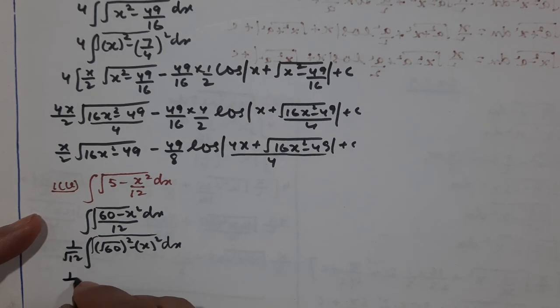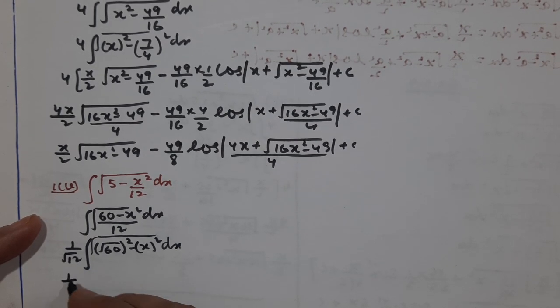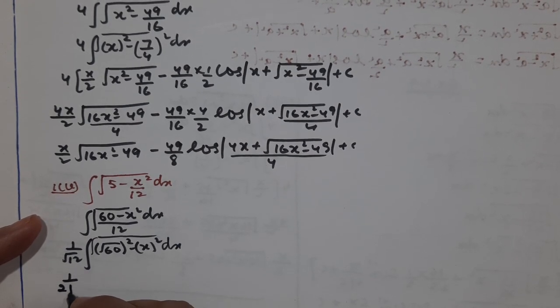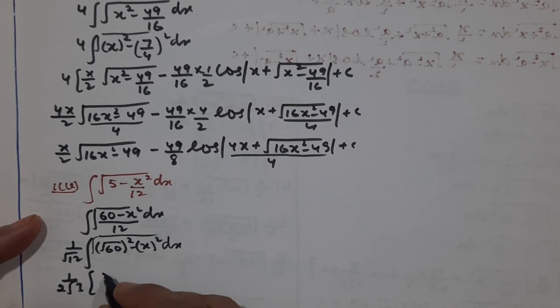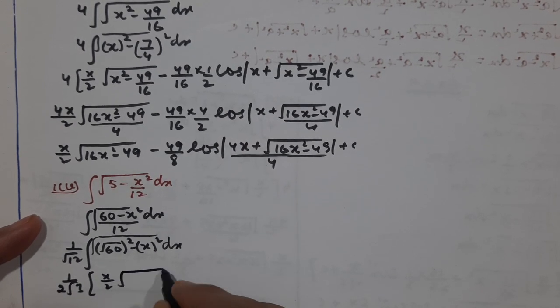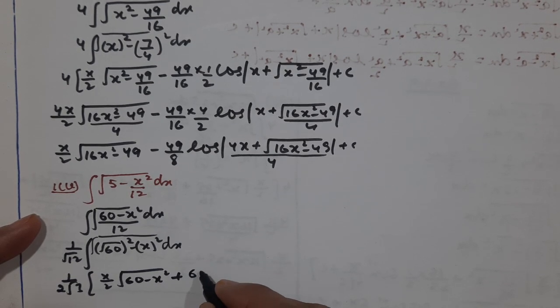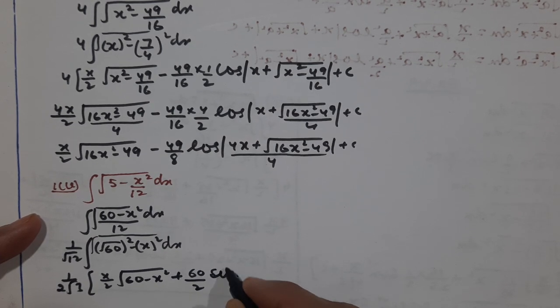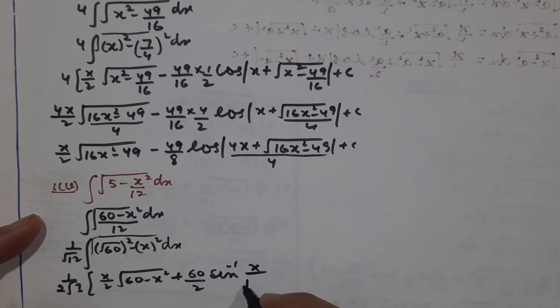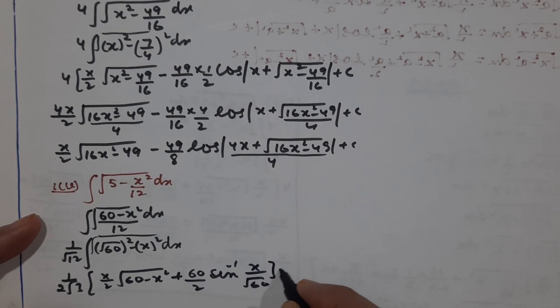First formula, and 1 upon root 12 can be written as 2 root 3. So the formula is x upon 2 under root a square minus x square plus a square upon 2, which means root 60 square is 60 upon 2, sine inverse x upon root 60 plus c.